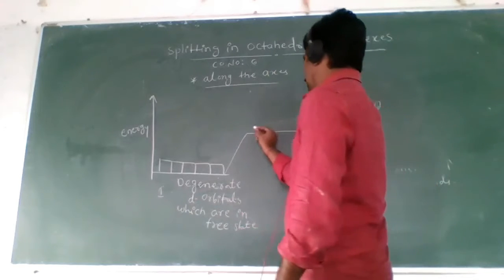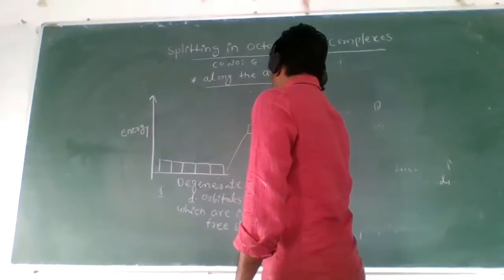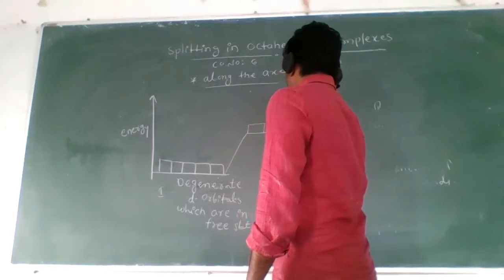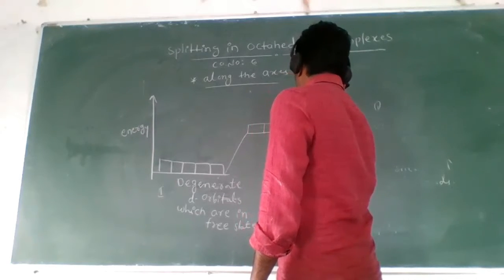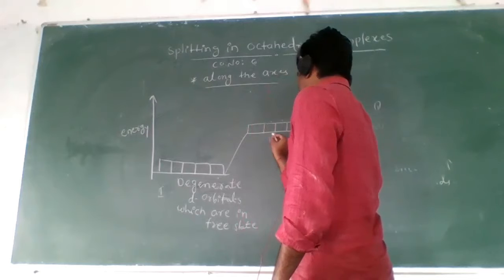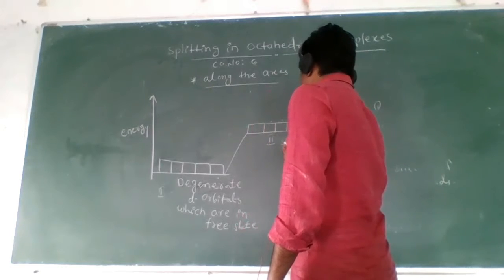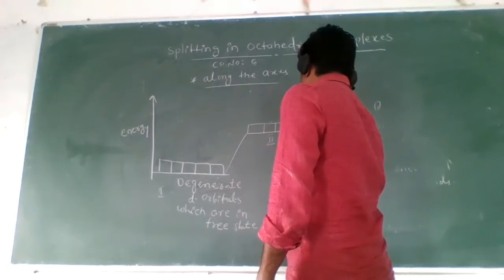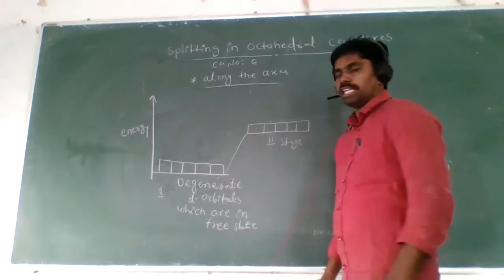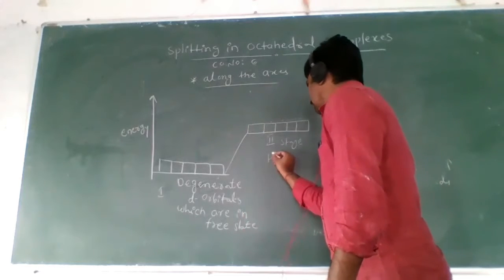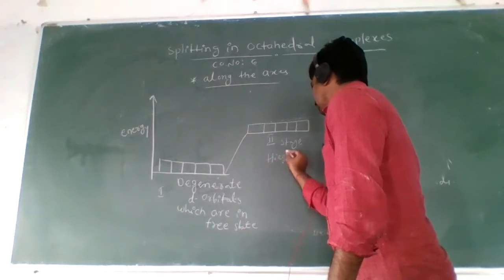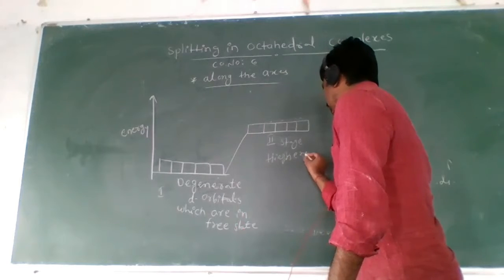now these 5 degenerate orbitals will go to a higher energy level. This is stage 2. These 5 degenerate orbitals will go to the higher energy level.